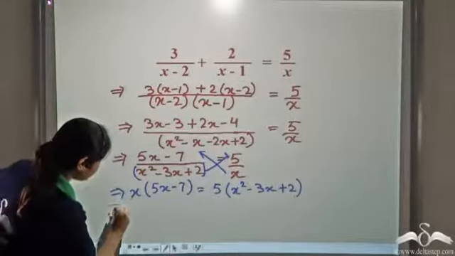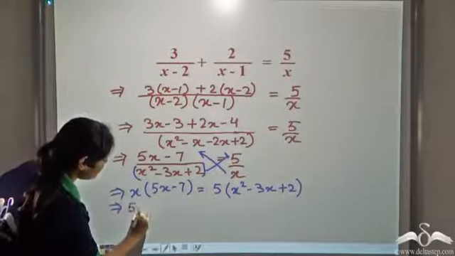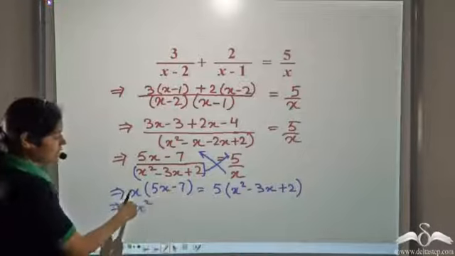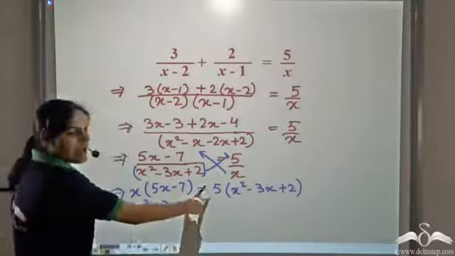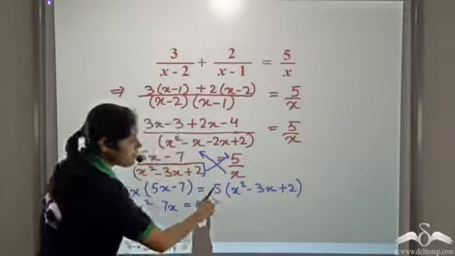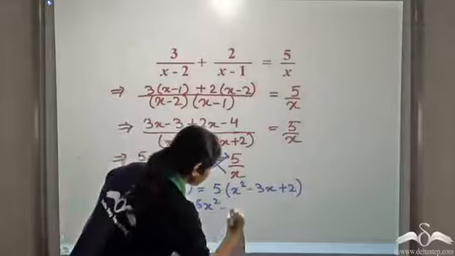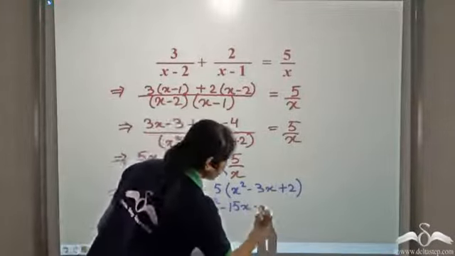And simplify this. x into 5x is 5x square. Minus 7 into x is minus 7x. 5 into x square is 5x square. 5 into negative 3x is negative 15x. 5 into 2 is 10.